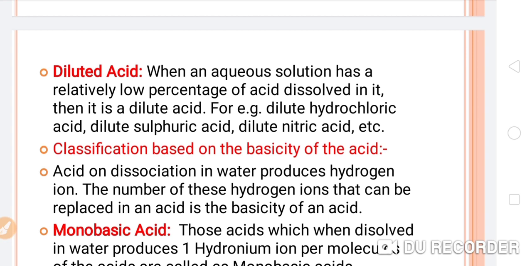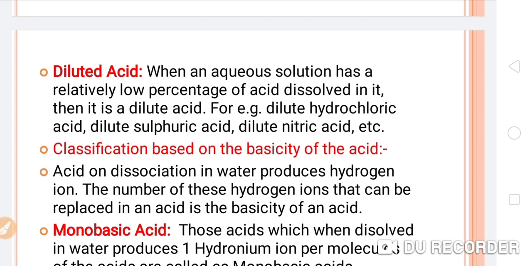If you are having 95% water and only 5% acid, this is the dilute solution. This is the dilute acid. It means the percentage of the acid will be very less in comparison to the water. So this kind of acid is known as a diluted acid.